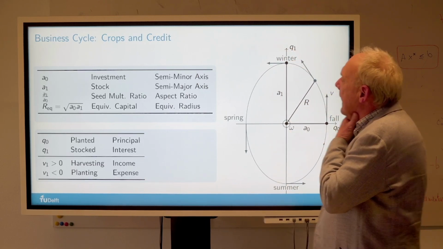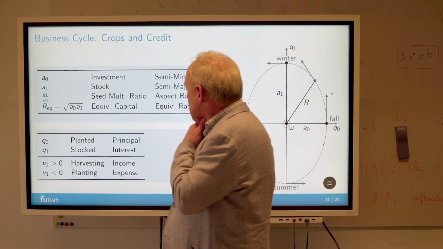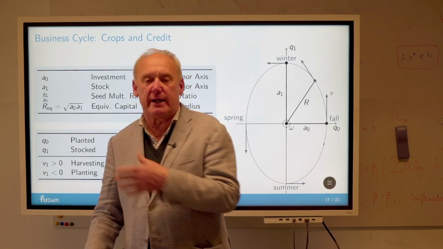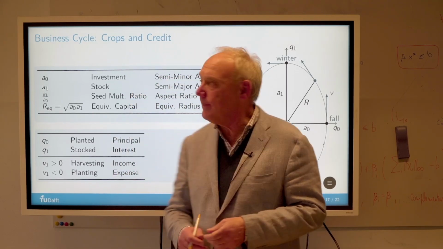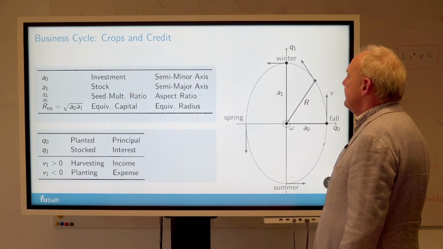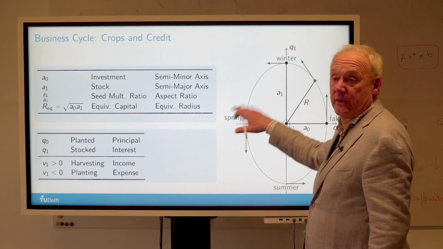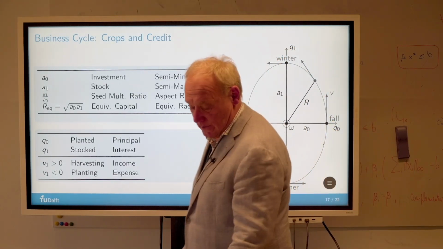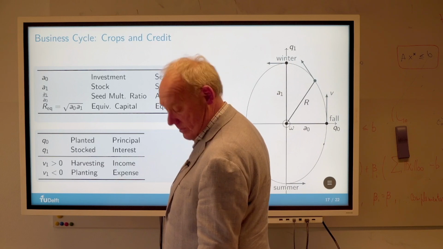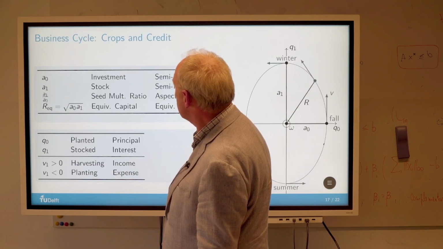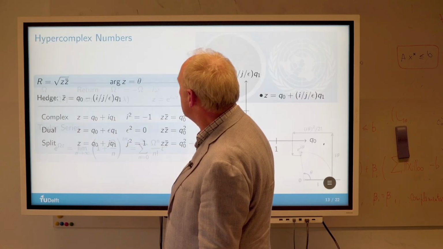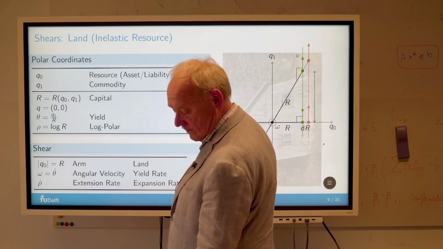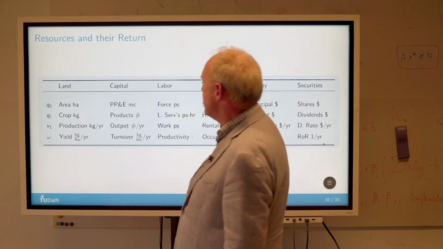So here I worked out what happens when you don't have a circular shape, an elliptical shape. Now, one of the things that you will see if you look at these resources and their return.